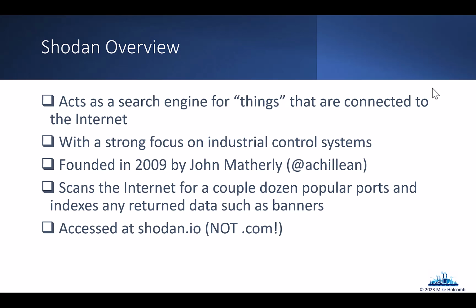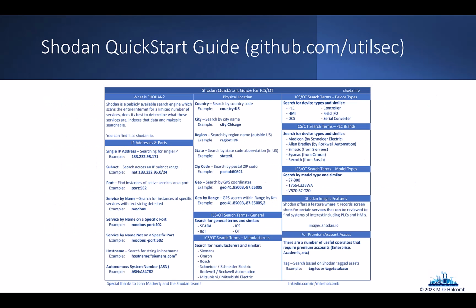And the big thing was industrial control systems. The whole idea behind starting Shodan was to scan the internet and find control systems that are exposed to the internet. You can find it at shodan.io, you can see, not .com.